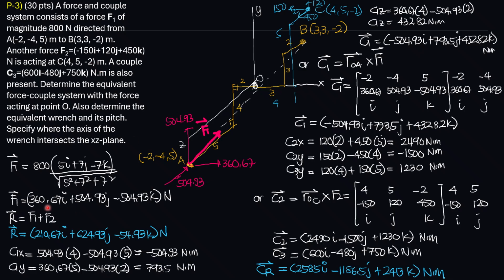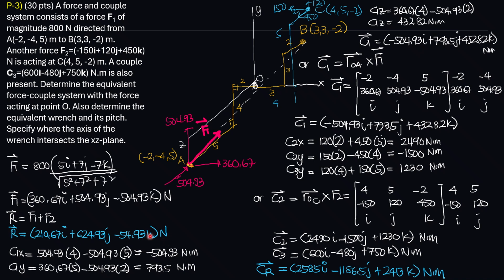So positive 360.67 minus 150 is 210.67i. Then 504.93 plus 120, that's 624.93j. Then negative 504.93 plus 450, that's negative 54.93k. So this is the resultant force.